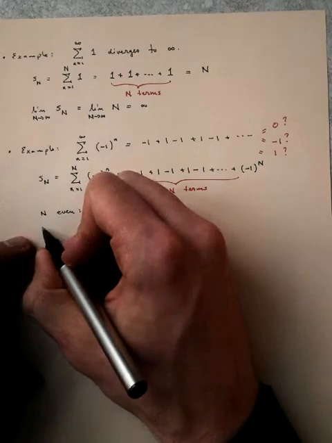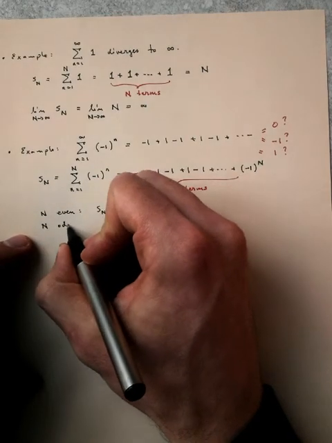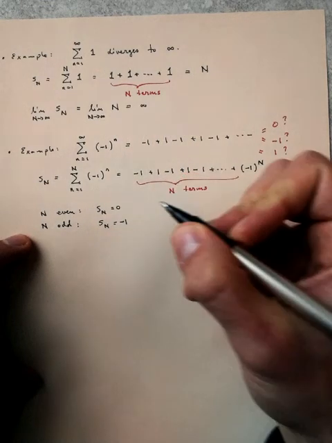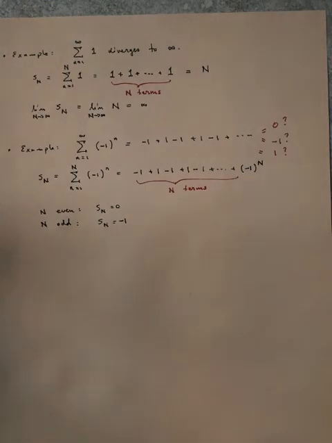On the other hand, if n is odd, Sn is negative 1 because there's 1 left over.